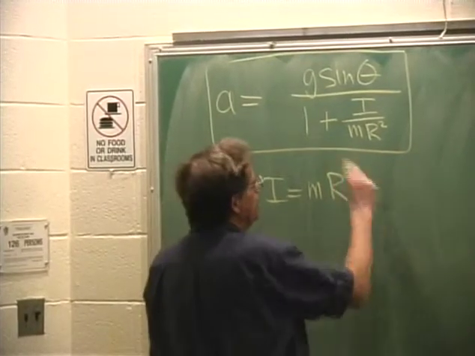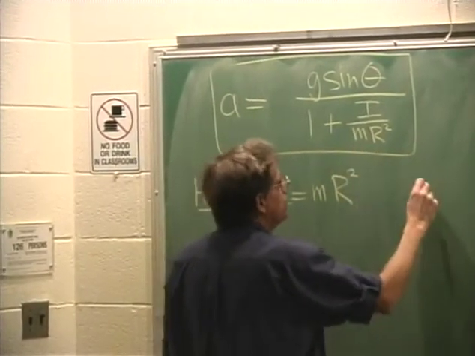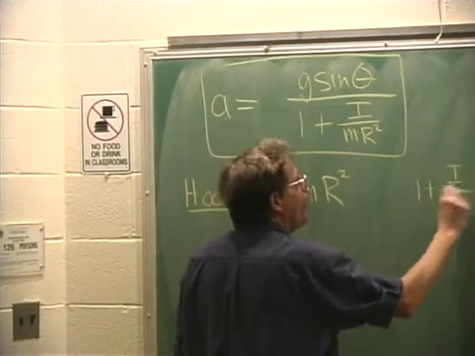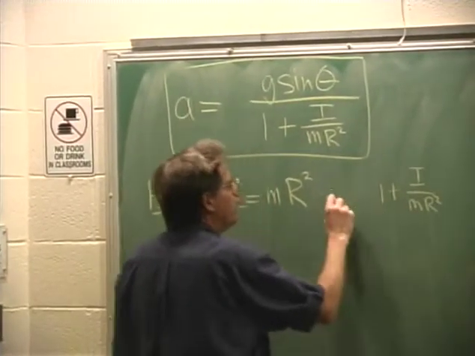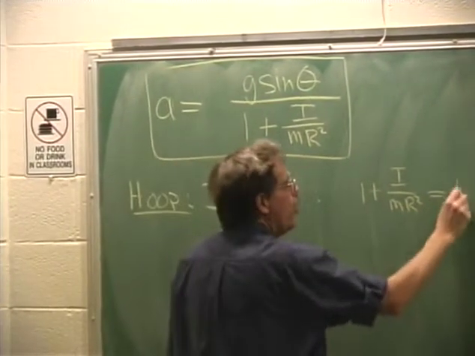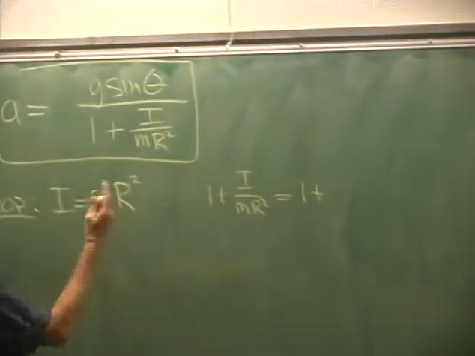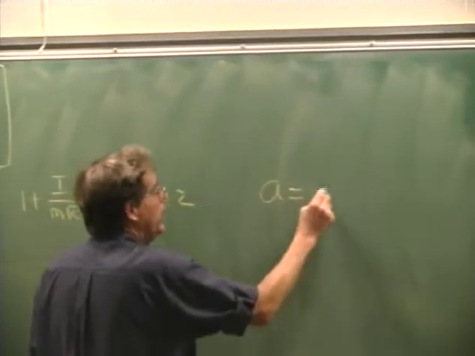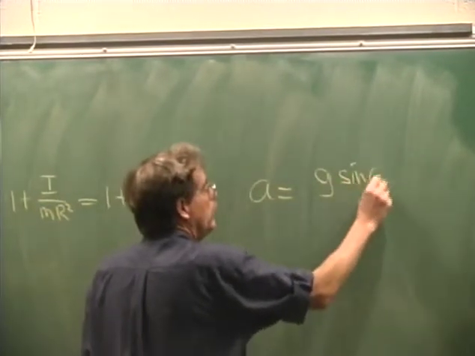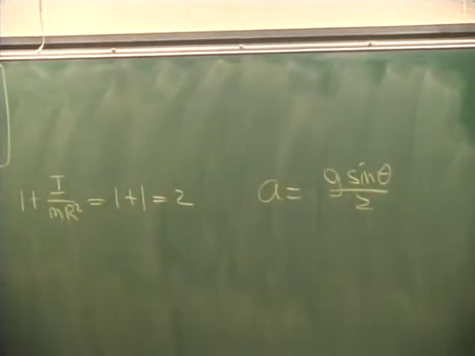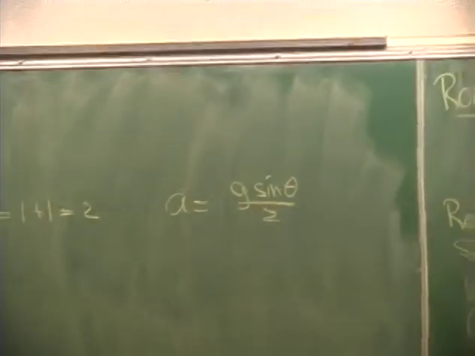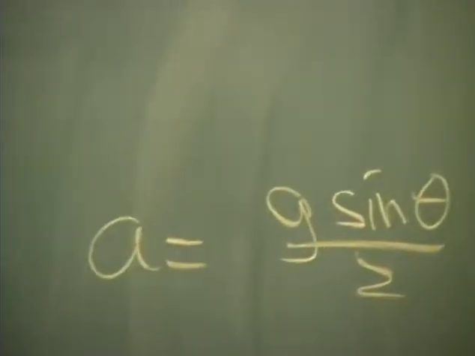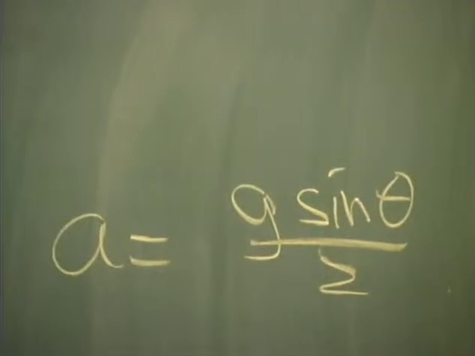What does that mean? The denominator is 1 plus I over mr squared, which is 1 plus 1, which is 2. So the answer is a equals g sine theta over 2. That's for a hoop. A hoop rolls down there with half the acceleration that a frictionless block would have had.